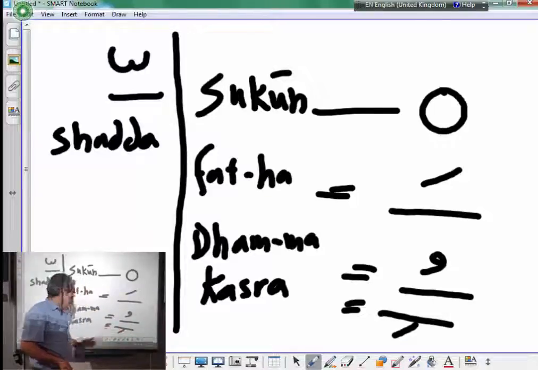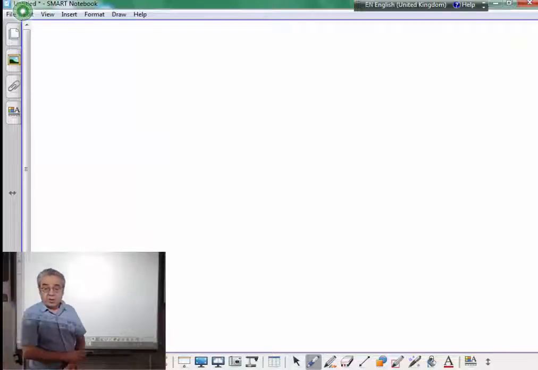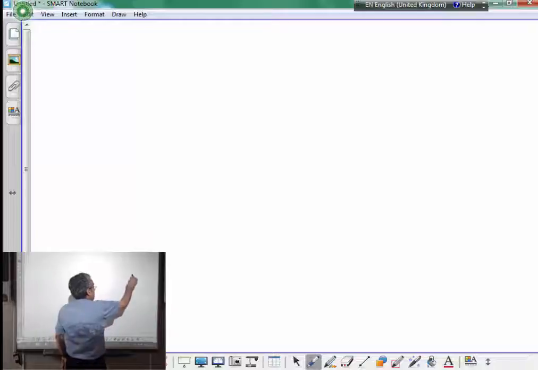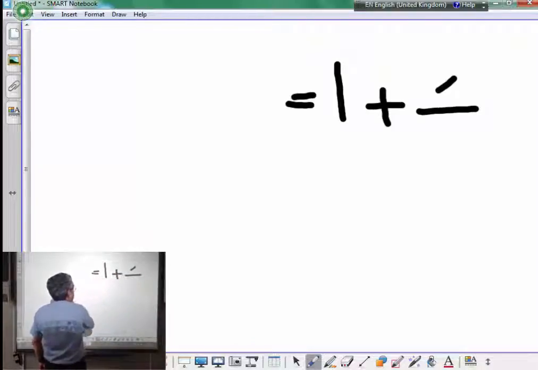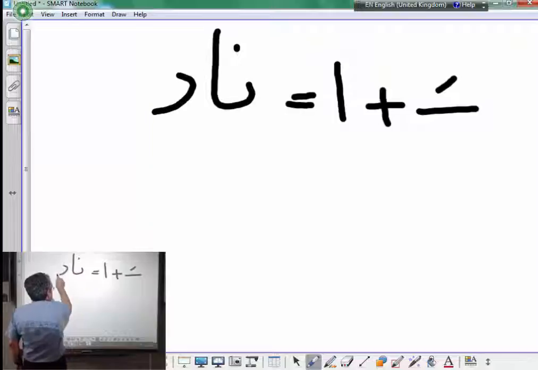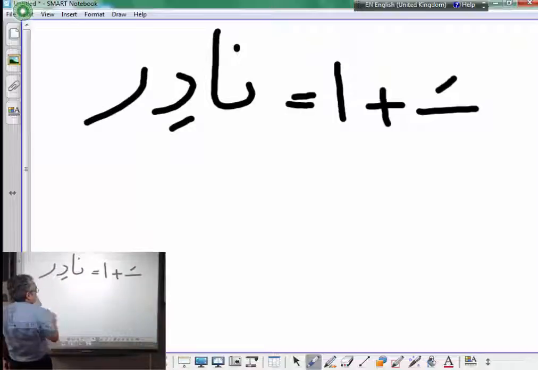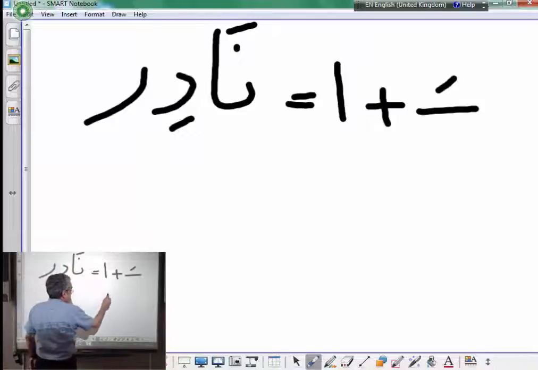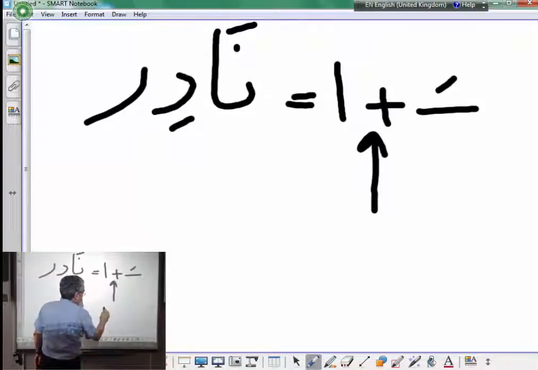In the meantime, we can look at the 3 long vowels. We had fatha and alif. For example, this is a, and maybe I can write words like nadir. So fatha and alif give us the vowel a.